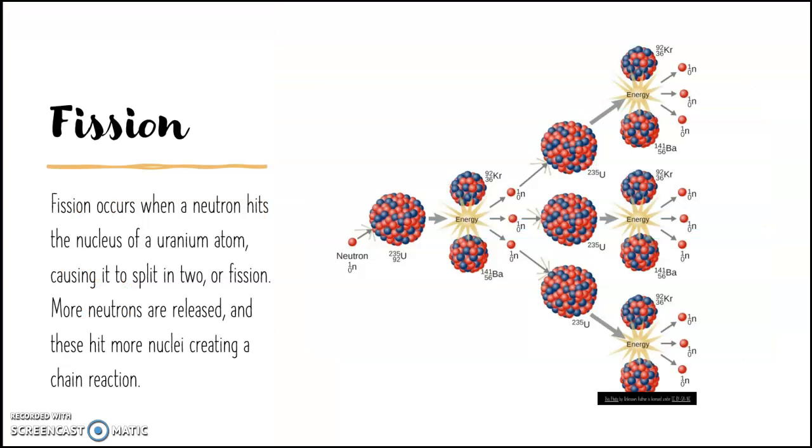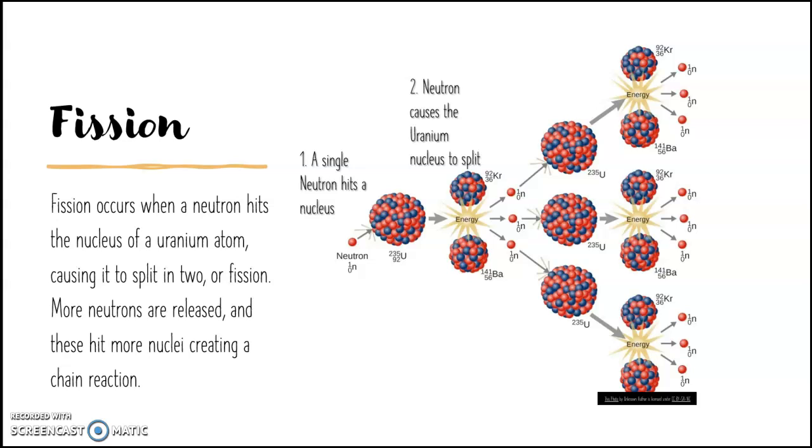All right, fission. Fission occurs when a neutron hits the nucleus of a uranium atom, causing it to split in two, or fission. More neutrons are released, and these hit more nuclei, creating a chain reaction. So, fission occurs when a single neutron hits a nucleus.